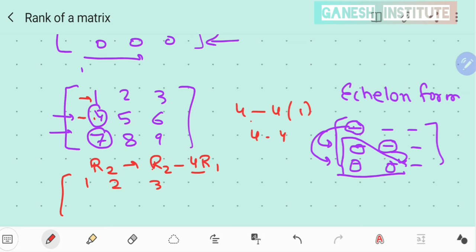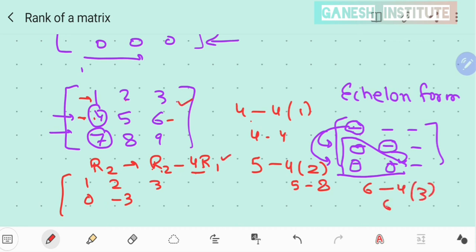So R2 minus 4 R1 gives 0. Then again, R2 is 5 minus 4 times R1, which is 2, so 5 minus 8 means minus 3, right? Then R2 is 6 minus 4 times R1, which is 3, so 6 minus 12 means minus 6.